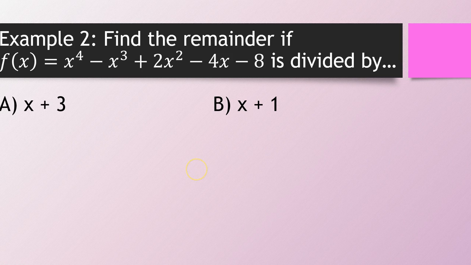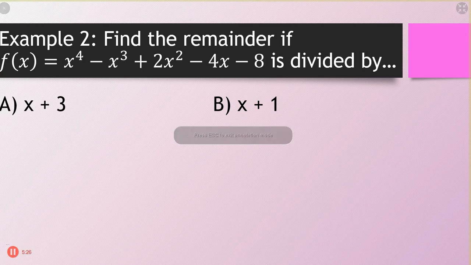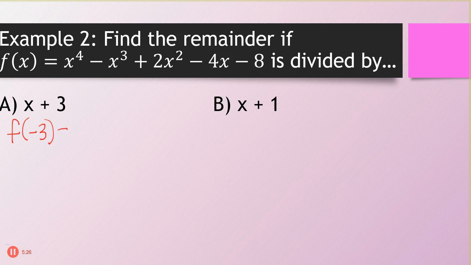Now let's look at example 2. In example 2, we're still trying to find the remainder, and we're going to use that same property. I am going to take that x plus 3, set it equal to 0, and find f of negative 3, and do the same thing.